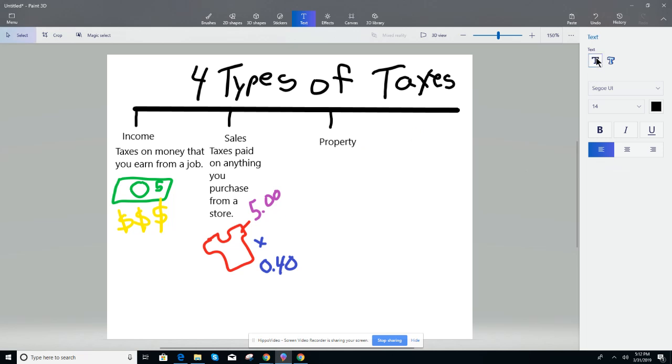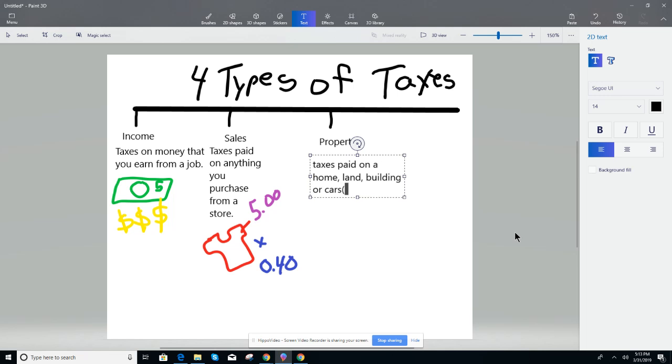So property tax is taxes paid on a home, land, building, or cars. And most property tax is paid on cars when you first buy them, and you don't have to keep paying on them. But home taxes, land taxes, and building taxes are paid every year.